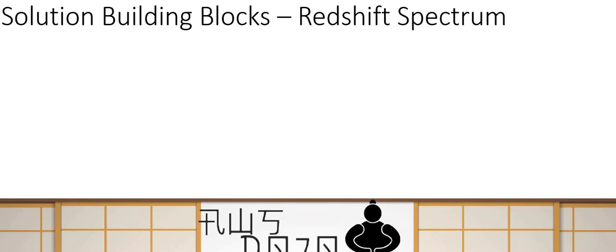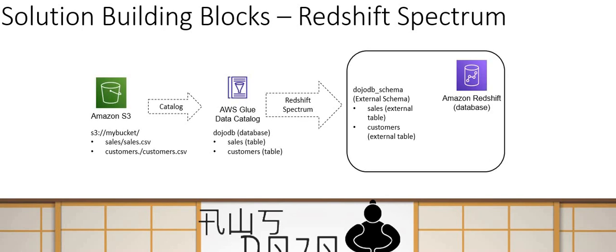So moving on. How do we build such a solution? What are the building blocks? The first and most important building block here is Redshift Spectrum. I'm not going to speak a lot about Redshift Spectrum, but it is a mechanism using which you can create an external schema within Amazon Redshift.